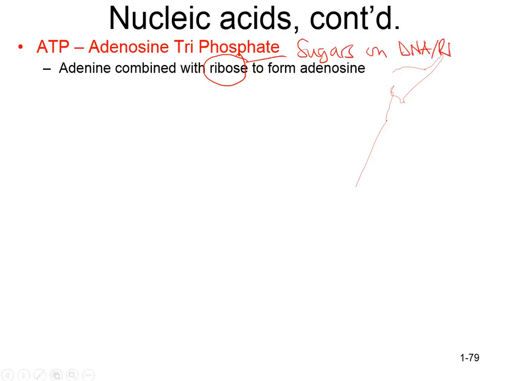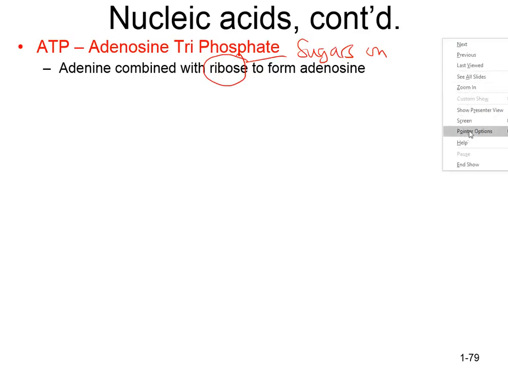Actually, a sugar on RNA, because sugar on RNA is a ribose. So adenosine triphosphate is a molecule that will combine with sugar on RNA to produce energy.